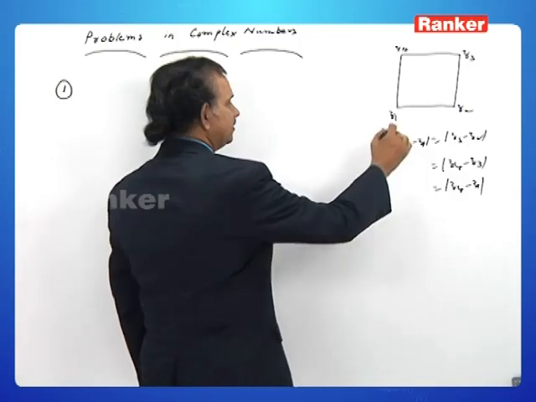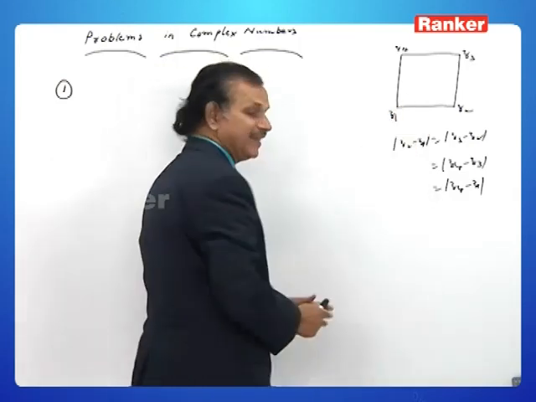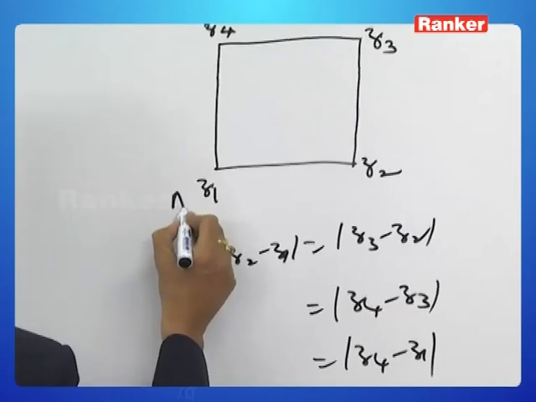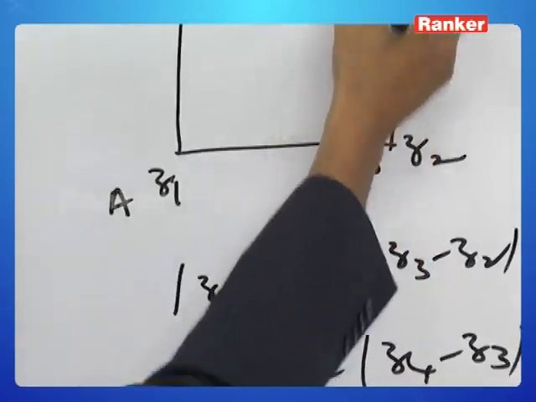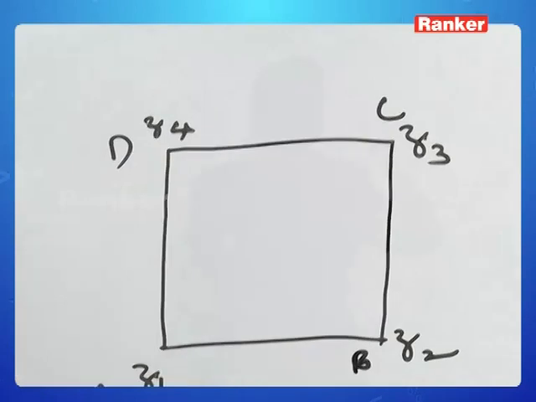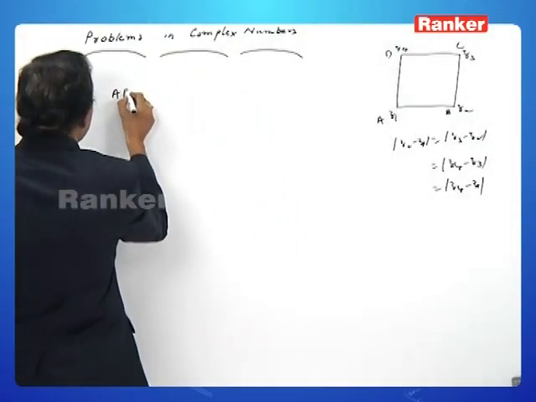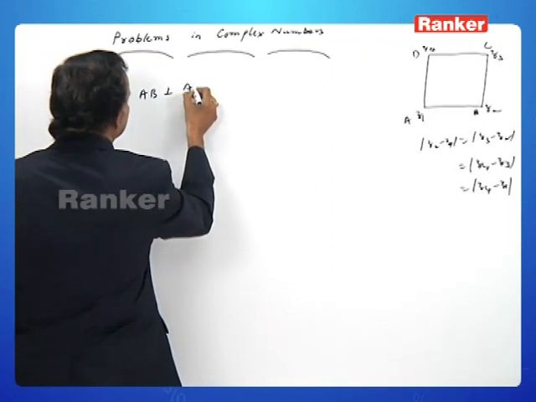Moreover, the angle between two adjacent sides is 90, isn't it? Let me name the points A, B, C, D. Here, AB is perpendicular to AD.